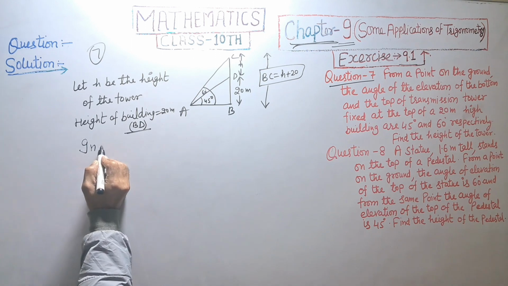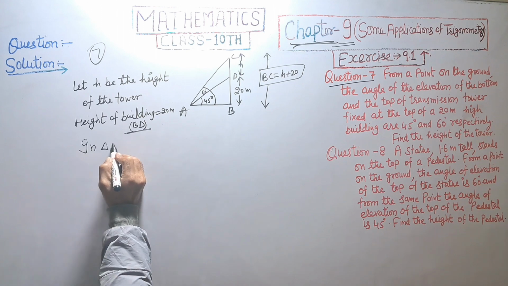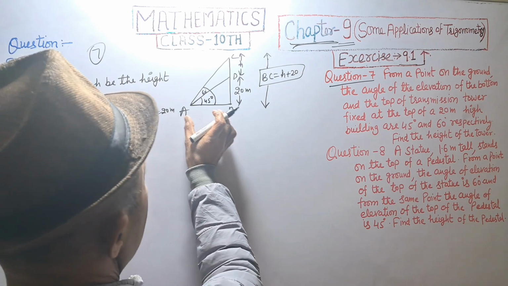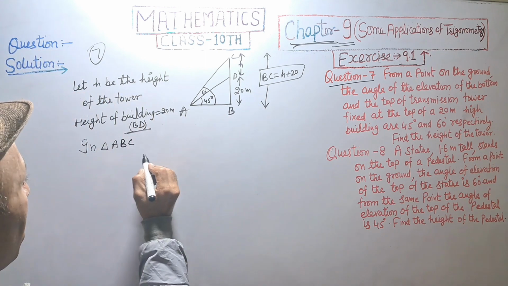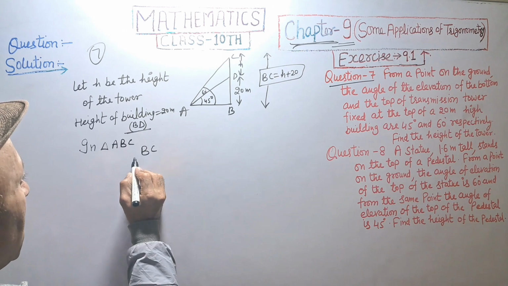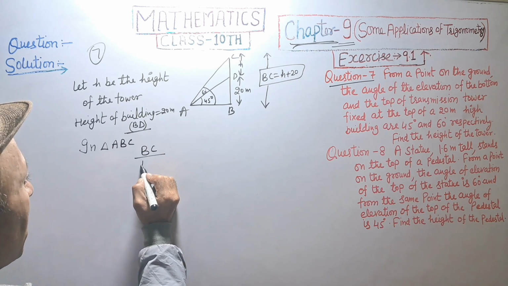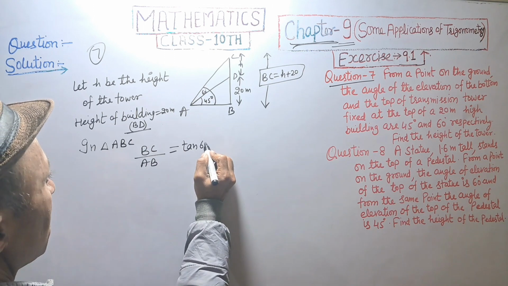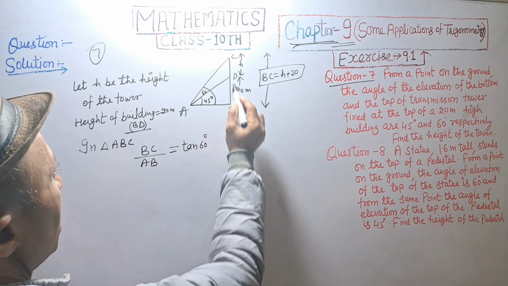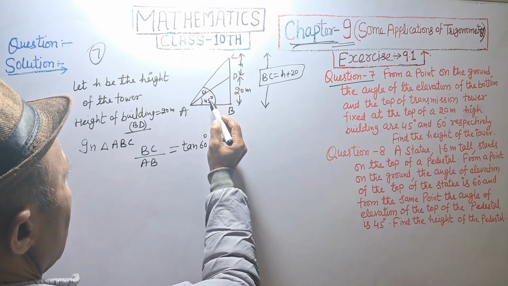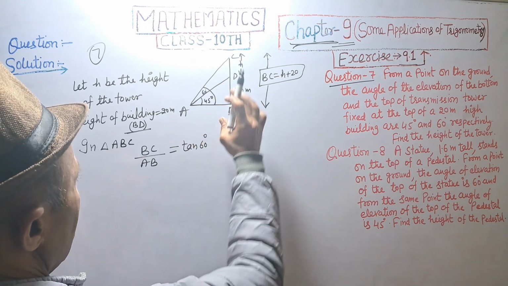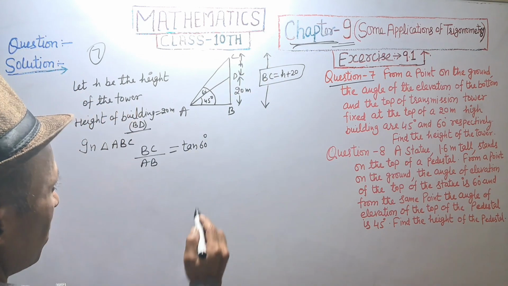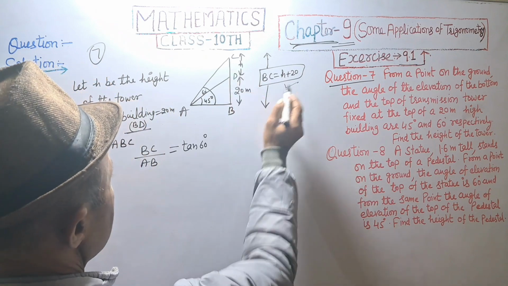In triangle ABC, BC divided by AB is equal to tangent 60 degrees.